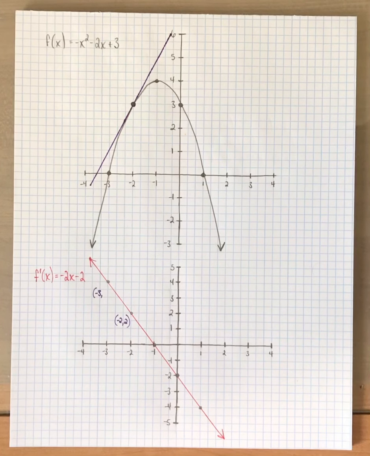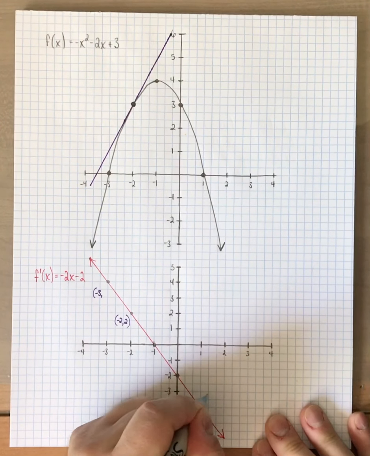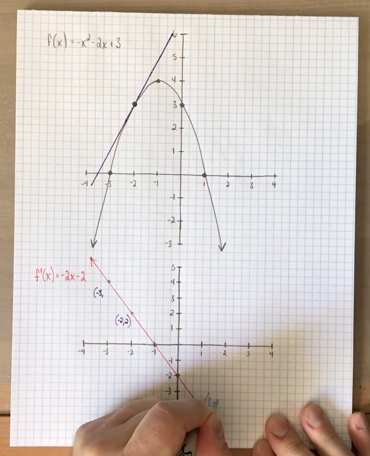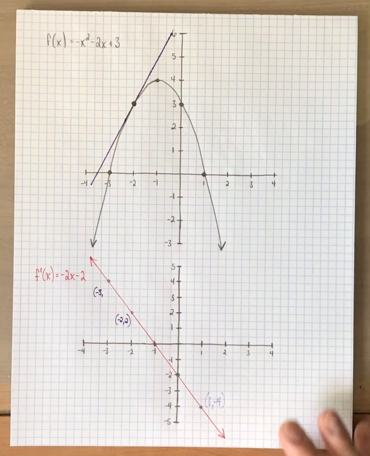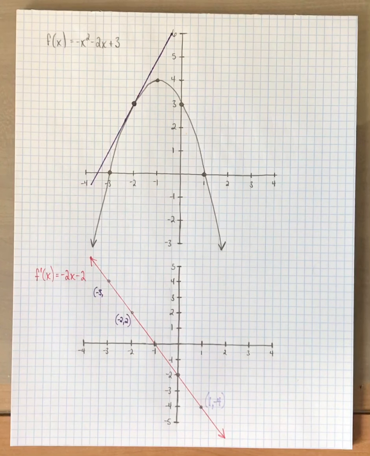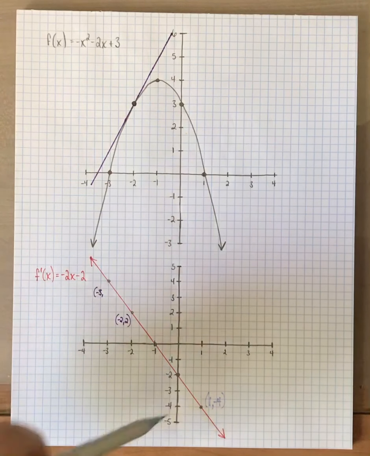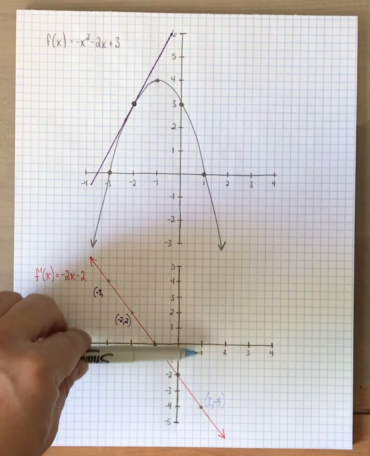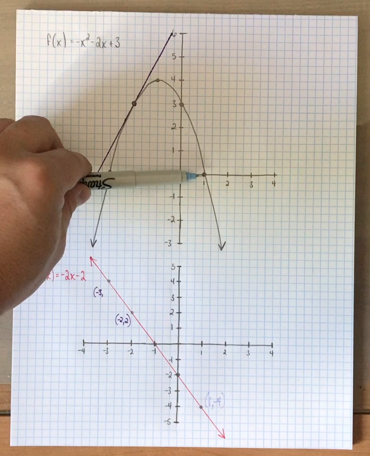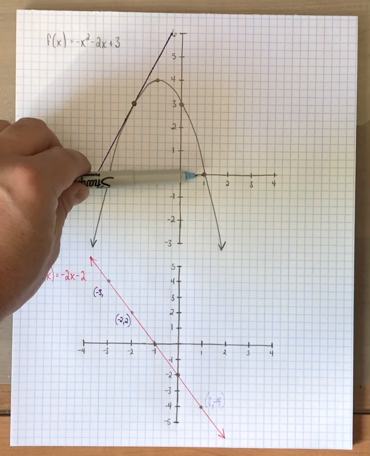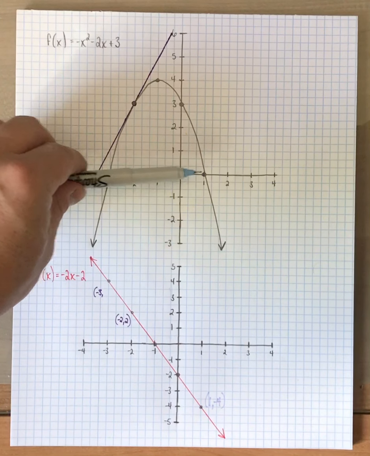We saw another such point. One comma negative 4. Meaning that at the point on the original function whose x value is 1, the tangent line should have a slope of negative 4.